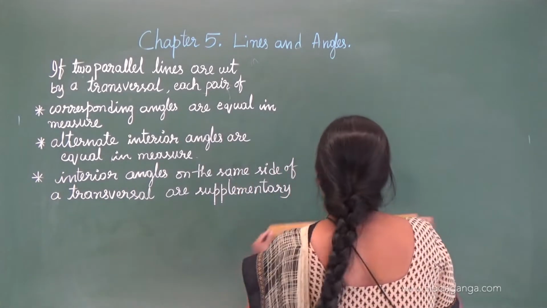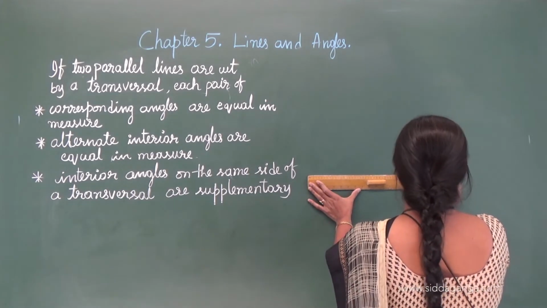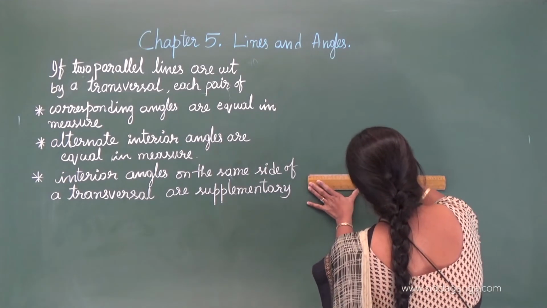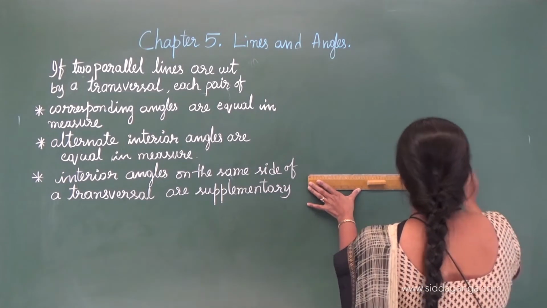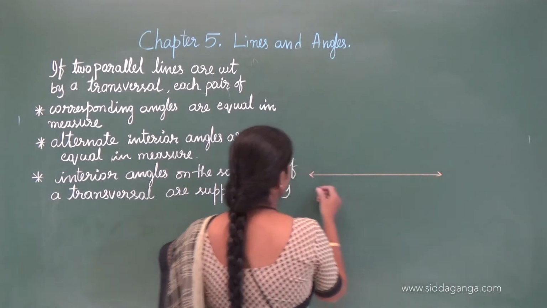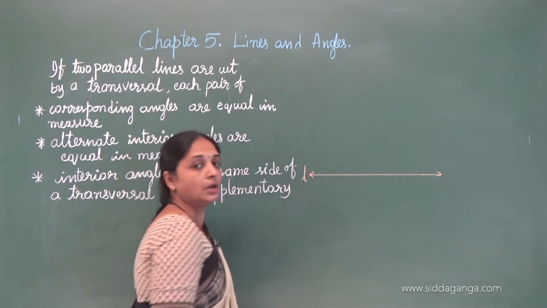So first we have to take one line here. I am going to construct a parallel line for this line, okay? So consider this as L. So this is one line, okay?